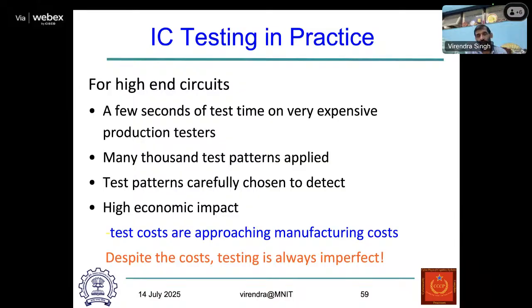If I say my yield is 99%, that means out of 100 devices, one device may fail, the rest of the devices will work correctly. So if the yield is very high, I don't need to be so worried about that. But if yield is low, in that case we have to be worried about it.